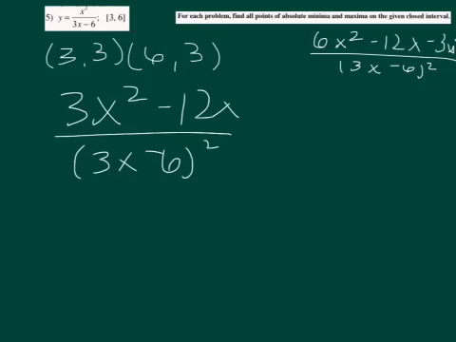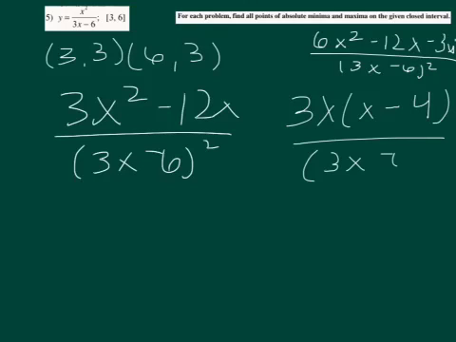So I would factor out 3x, which would make it x minus 4 over 3x minus 6 squared.